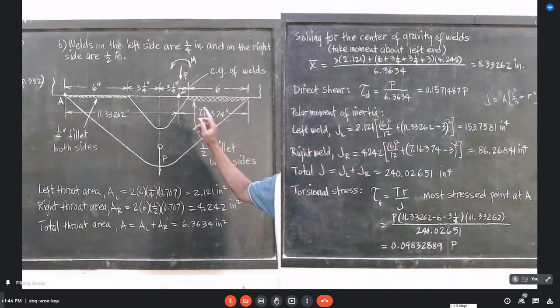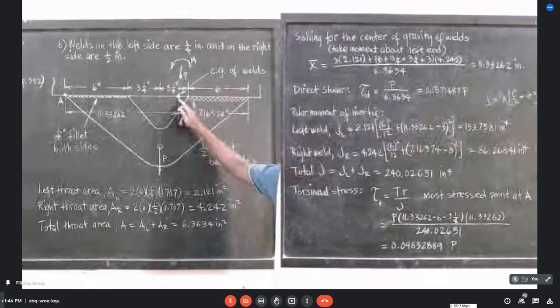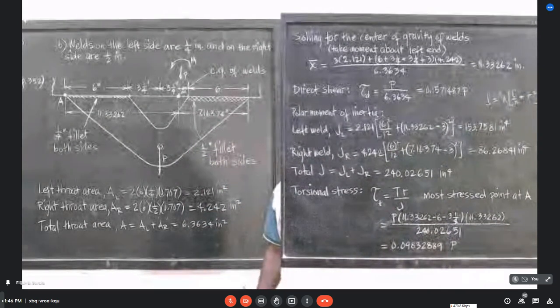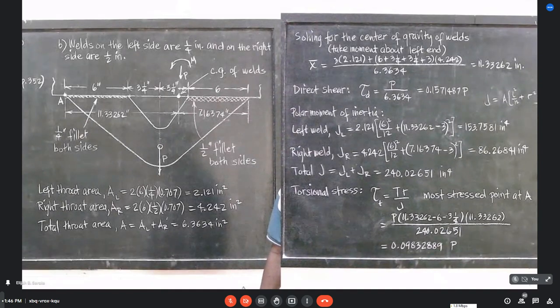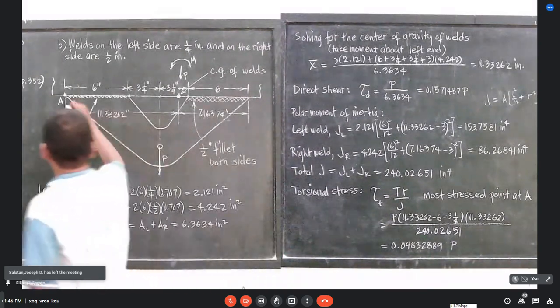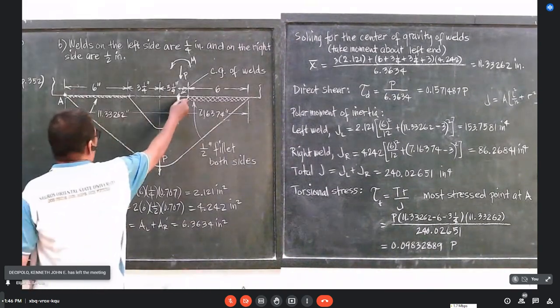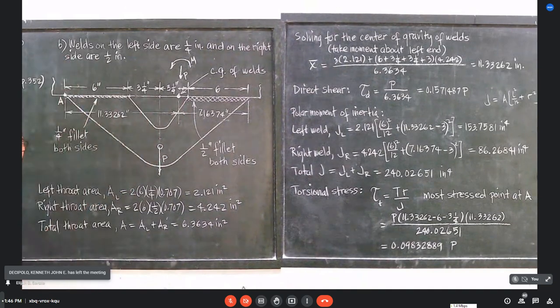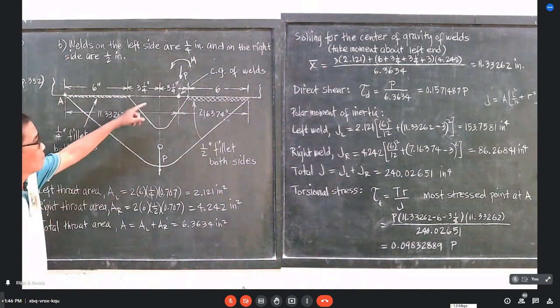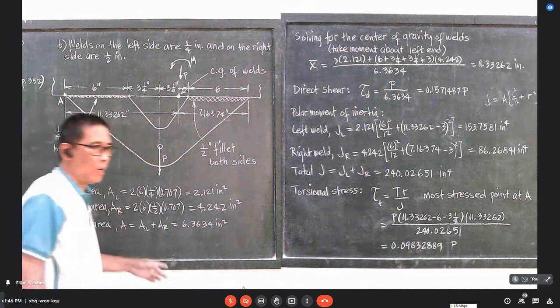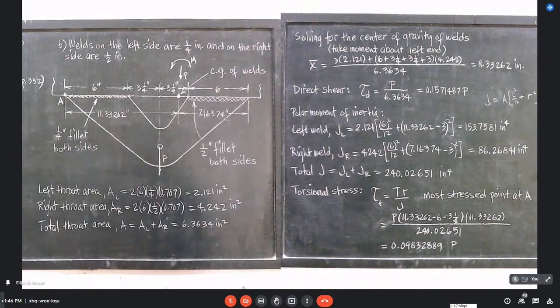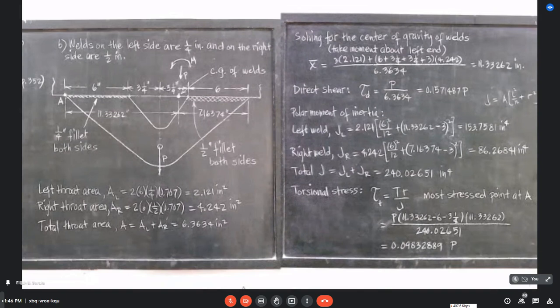The radius is from the center of gravity to A. So this is your direct shear. However, the perpendicular to this is also that one. And it is also downward. So therefore, this problem is not as complicated as the previous one because both have the same direction, which is downward. Even if upward, then we would subtract.